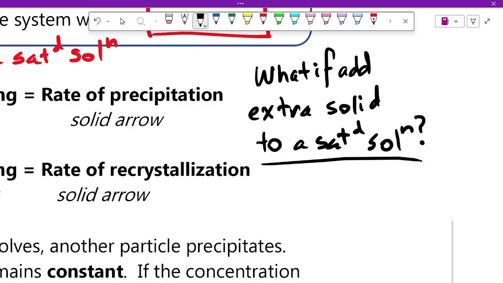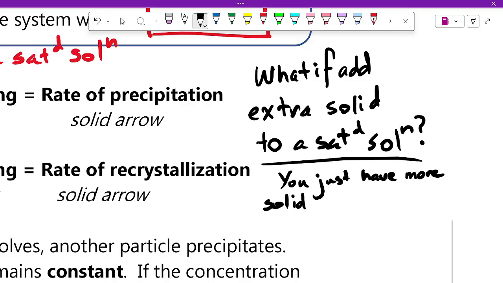Yeah, you just have more solid. Yes? Have you changed how much will dissolve?